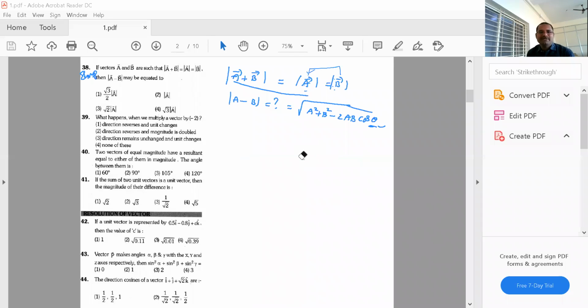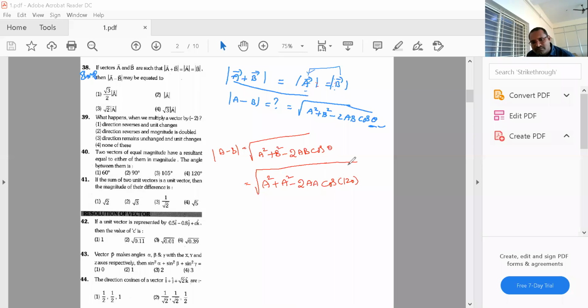Okay, so what is a minus b modulus? Here the formula is there. A minus b modulus is under root of a square plus b square minus 2ab cos theta. Clear? It is equal to under root of a square plus b square, which is also a square according to this condition, minus 2 into a into cos of 120 degrees. Theta is 120, no?